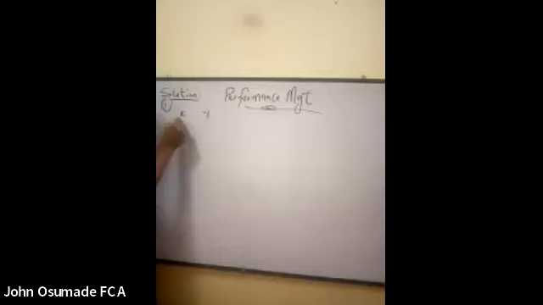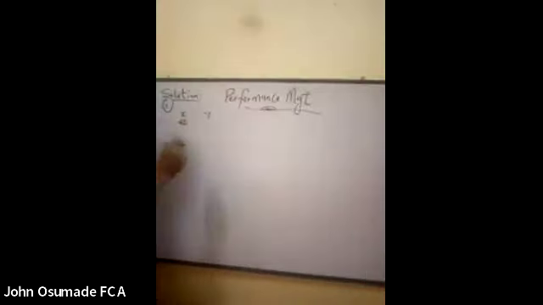And what's the corresponding cost? X is 2,000. So I will just take the two digits. This one represents hours, Y represents costs.